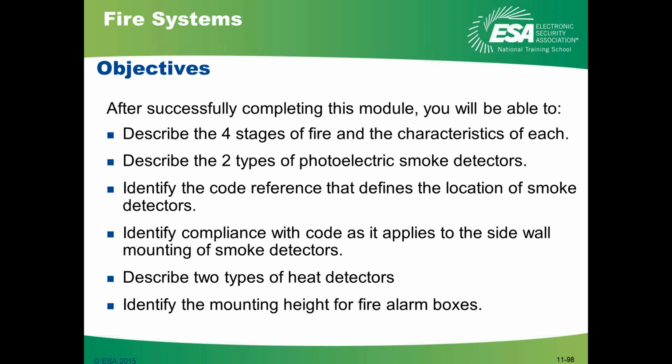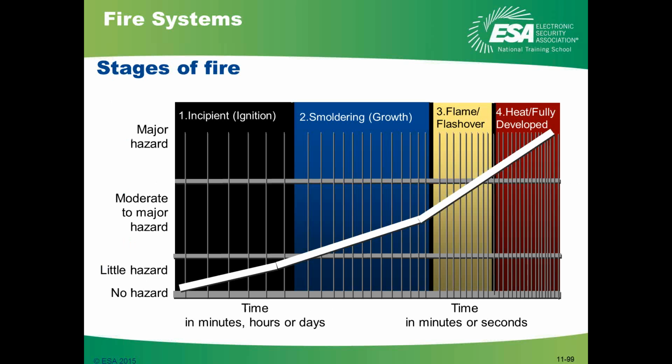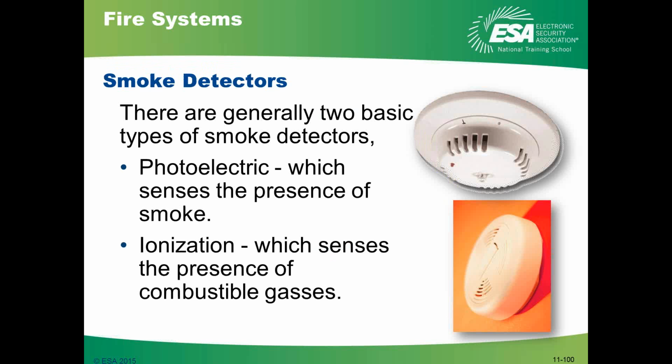We still talk about the 4 stages, the 2 types of smoke, the code reference, sidewall mounting, heats, and then the mounting height. This is the same slide with the stages of fire, where we have the major, moderate, and little hazard. We have the photoelectric ionization.